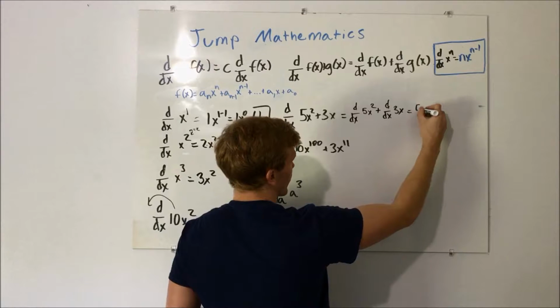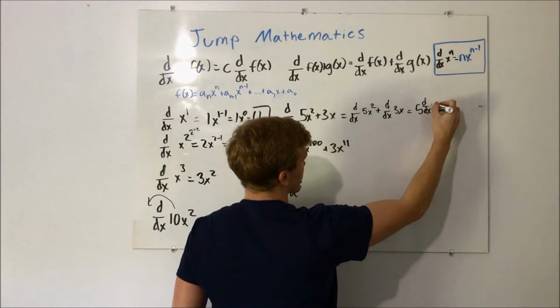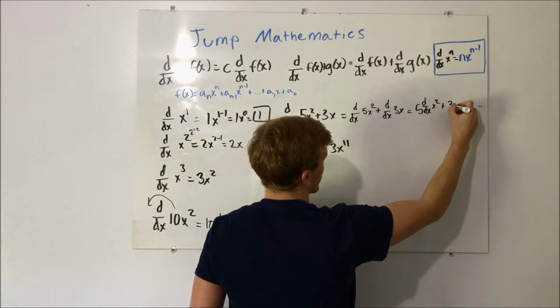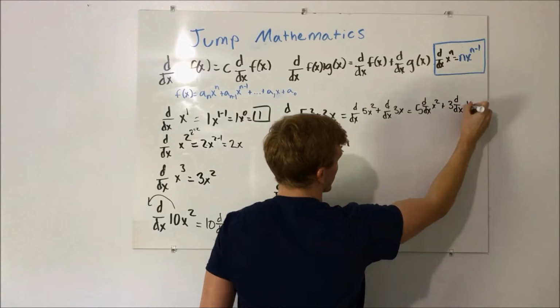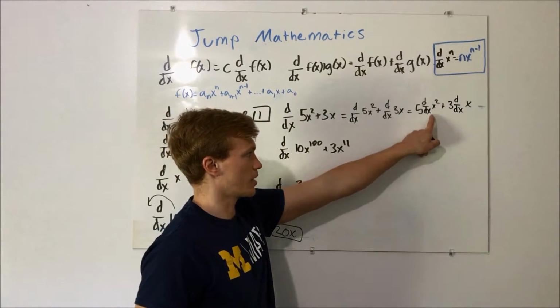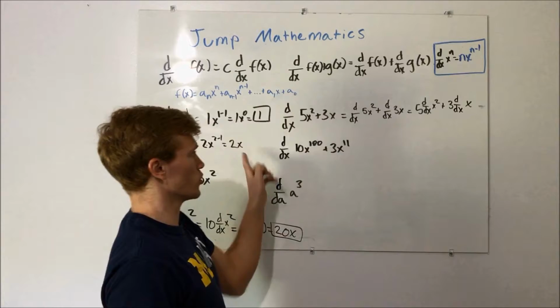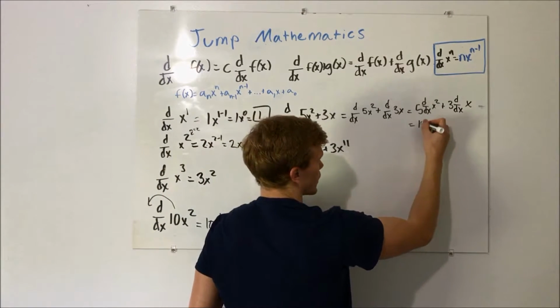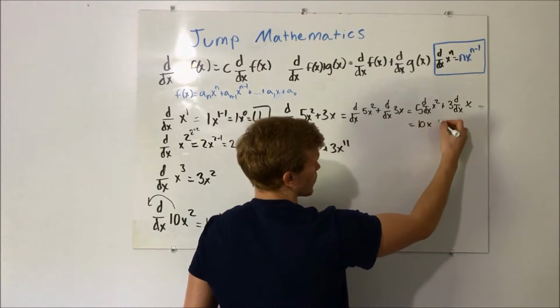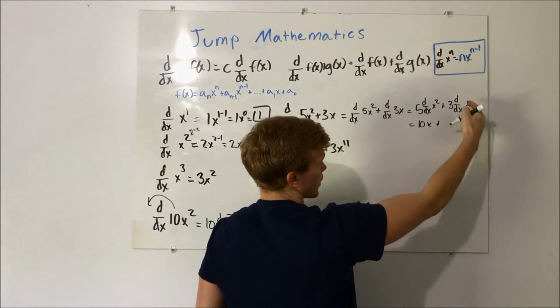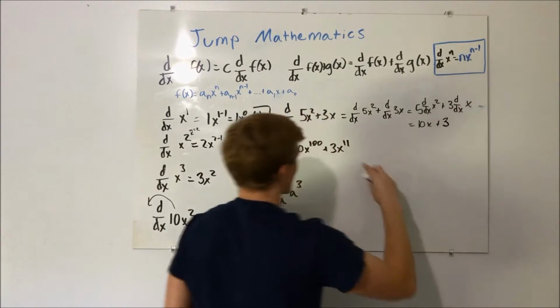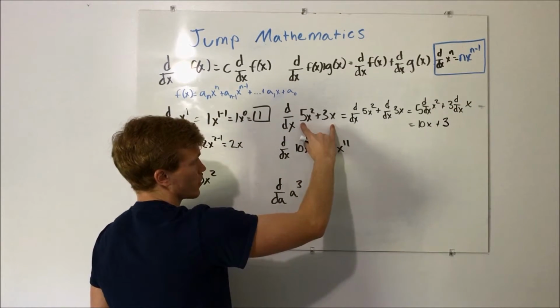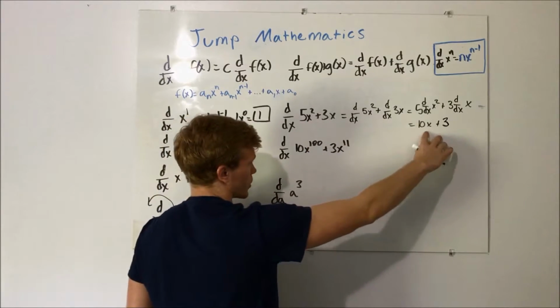Again, that's equal to 5 d by dx x squared plus 3 d by dx x. We already computed d by dx x squared to be 2x. So here we get 10x, that's 5 times 2, plus 3 times the derivative of x, which is just 1, so 3. So the derivative of 5x squared plus 3x is 10x plus 3.